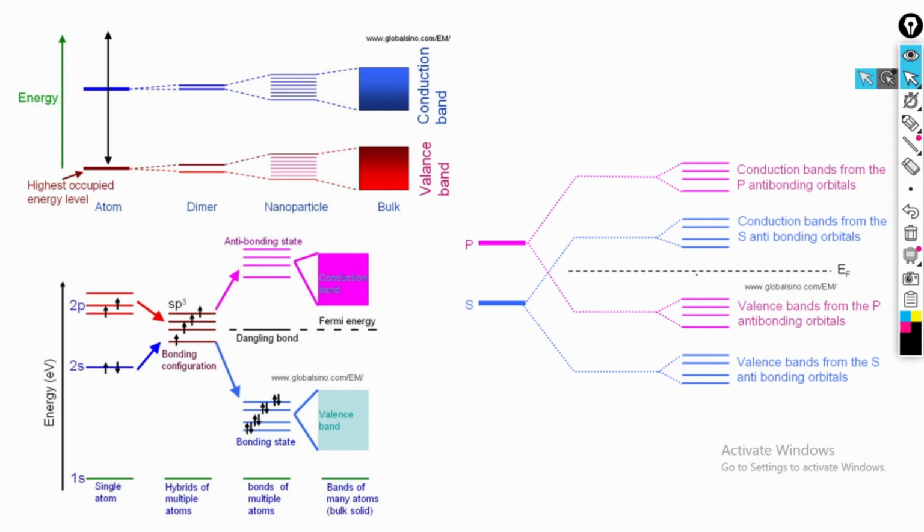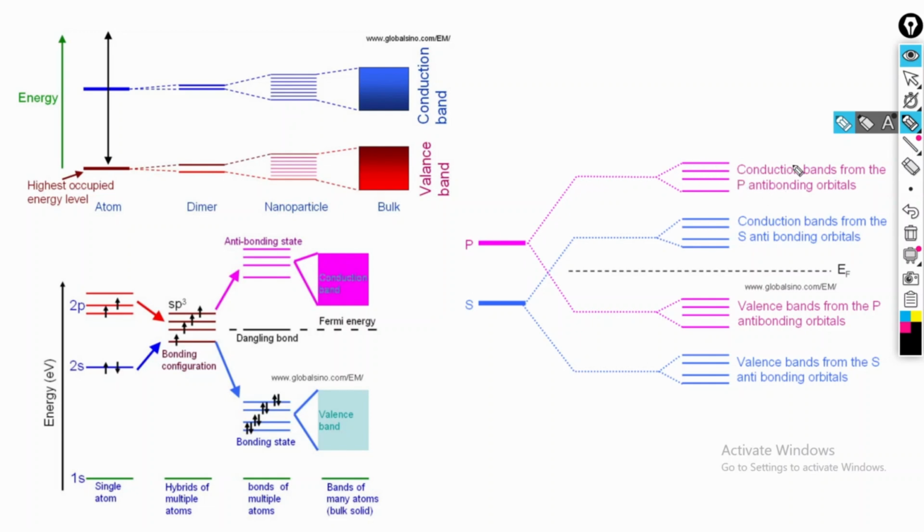Similarly, this p will also be split into these states. So here I'm going to label that. This is p for the single atom, and if we combine a large number of atoms, their energy state will be split.